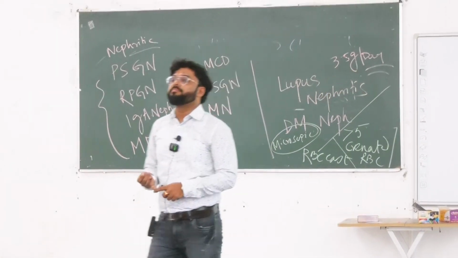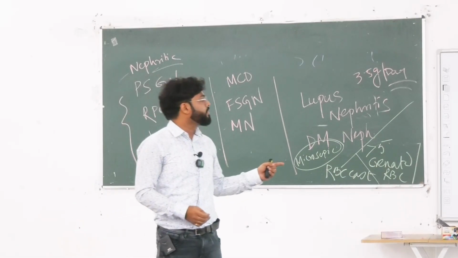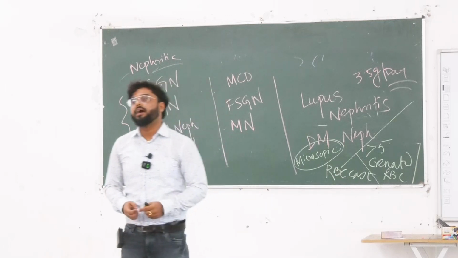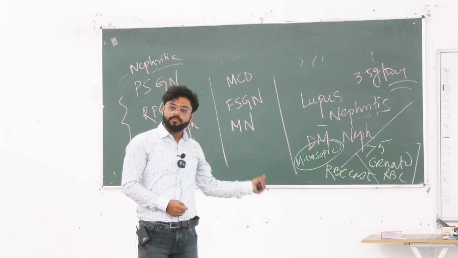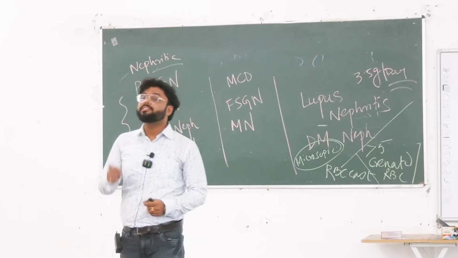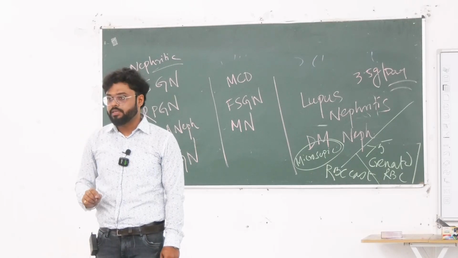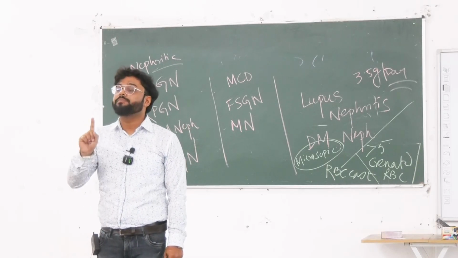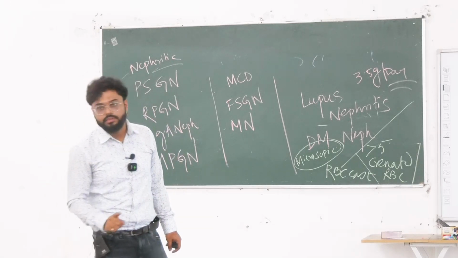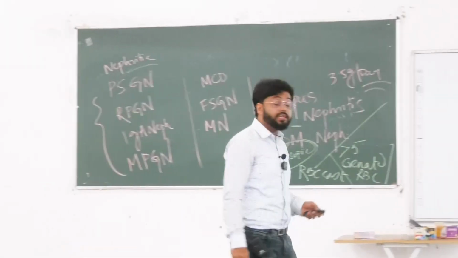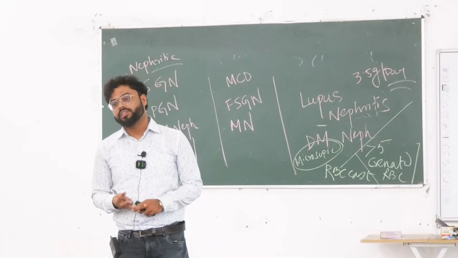Any kind of cast might be present in either nephrotic or nephritic syndrome, but RBC casts are usually seen in nephritic syndrome. And waxy cast means there will be presence of fat within the cast. Waxy casts are an important feature of nephrotic syndrome, because nephrotic syndrome usually presents with other features.